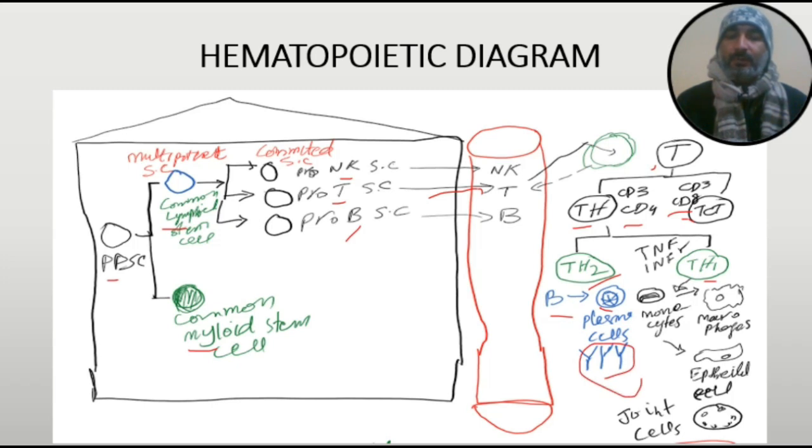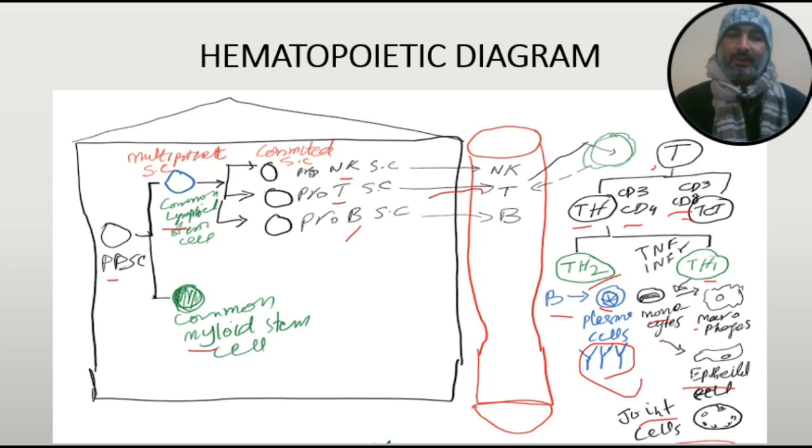And T helper 1 cells help in the maturation of monocytes, which are also called macrophages, and in some places they turn into epithelial cells, and in other places they turn into giant cells, where multiple monocytes fuse together and make one big cell with multiple nuclei. They are called giant cells. So I already discussed that.